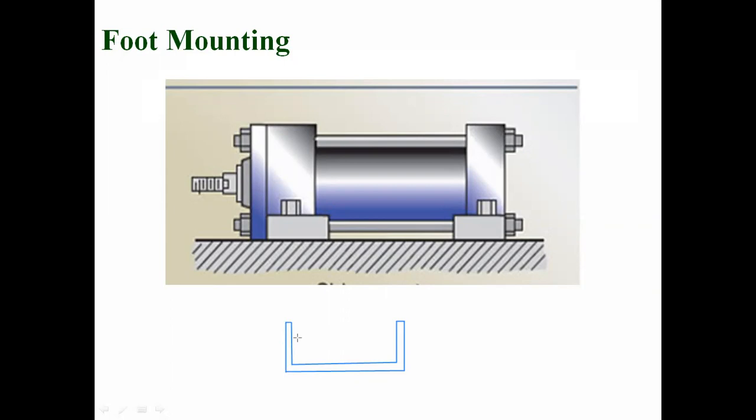These are the side covers in which your cylinder is placed, and it is clamped by the bolt, and again fitted by the bolt at the bottom. This is your foot mounting.